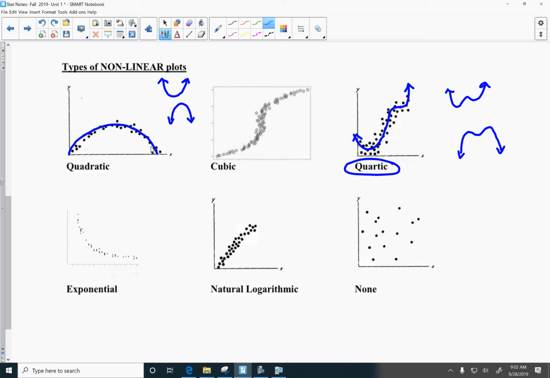The cubic function typically looks something like this, or the rotated version of it might look like this, or it could be going downhill. Looking at those graphs, you could see how a curve might fit. Kind of like an S curve.